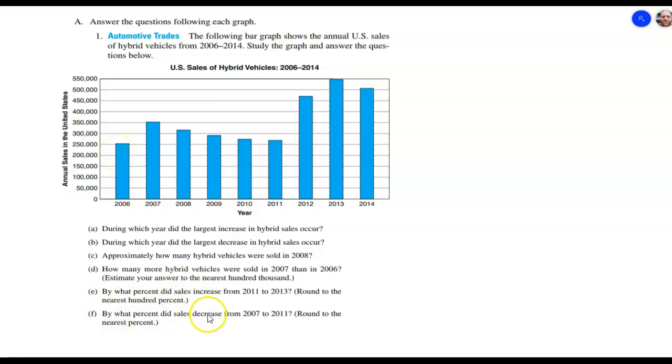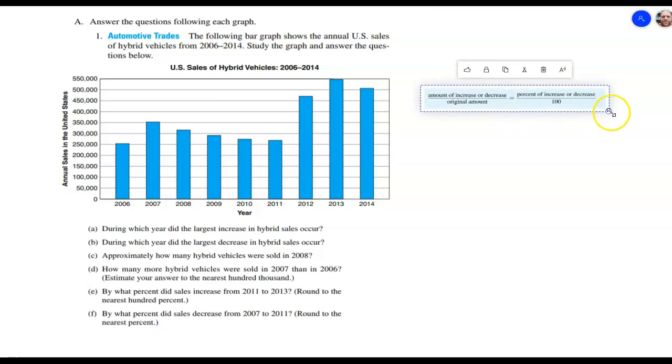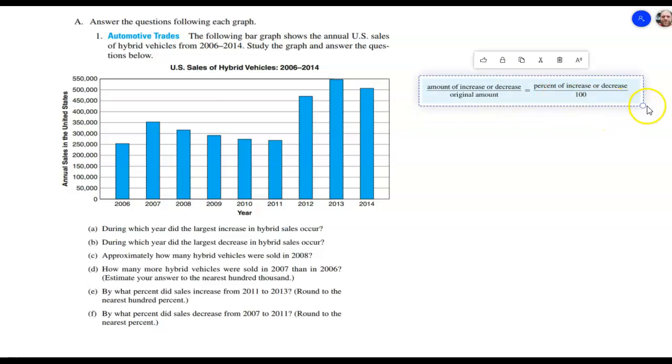The next one says, by what percent did sales increase from 2011 to 2013, round to the nearest 100%? For this one, I'm going to use my formula that I have from one of the earlier sections. This is the amount of decrease or increase.